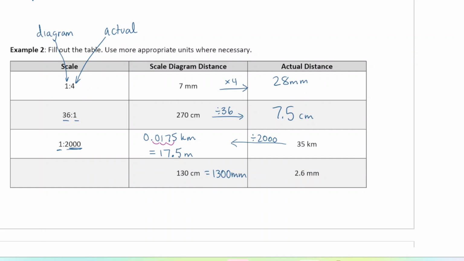And if I want to figure out the scale, it'd be 1,300 to 2.6. And if I want to reduce that, I want to divide by 2.6. And so we'd get 500 to 1 as our scale. So the scale diagram is going to be 500 times larger than the actual item or object.